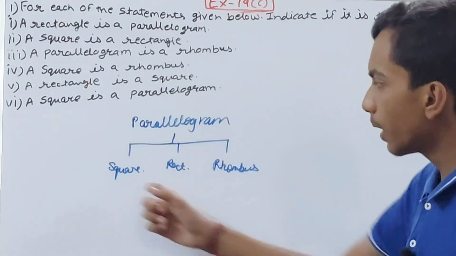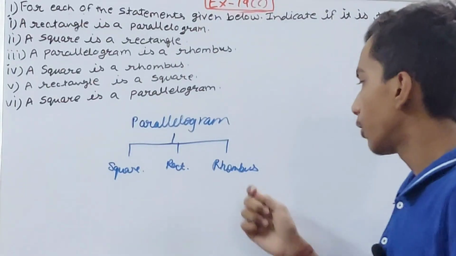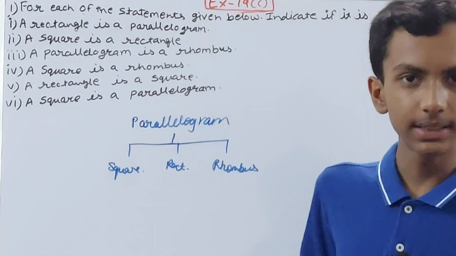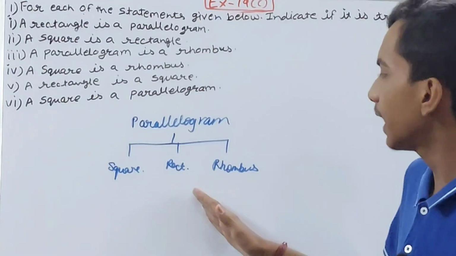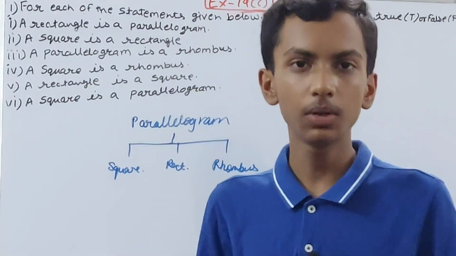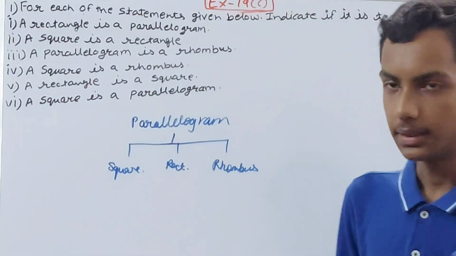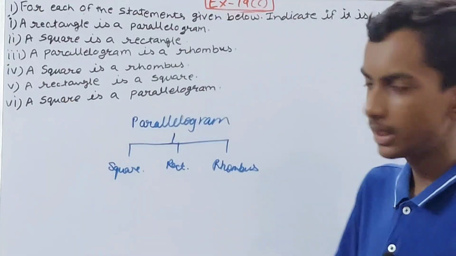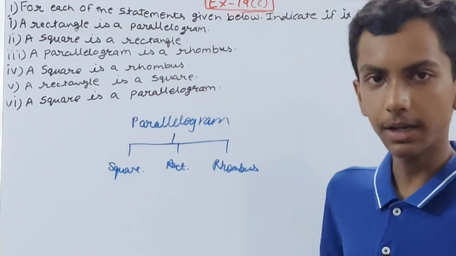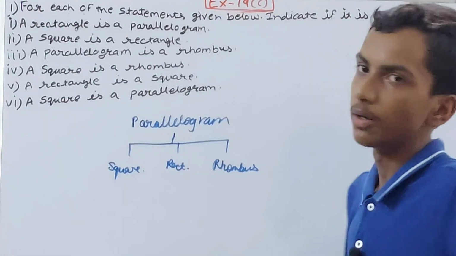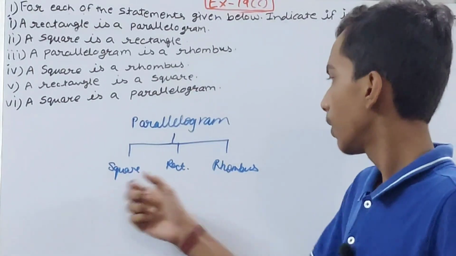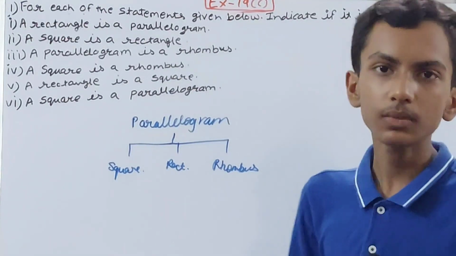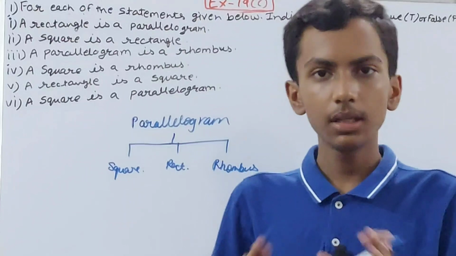In the square all four sides are equal. In the rhombus also all four sides are equal, but in a rectangle all four sides are not equal. In this rectangle all angles are right angles. In the square also all angles are right angles. In the rhombus they are not. And in all the three the opposite angles are equal.